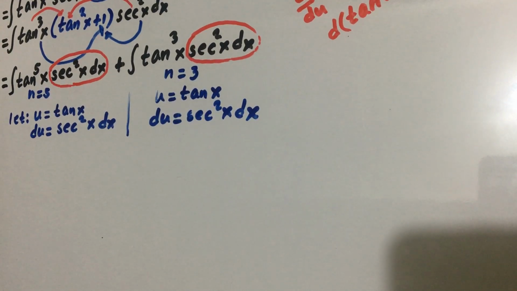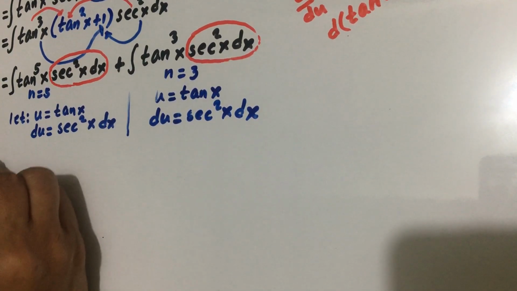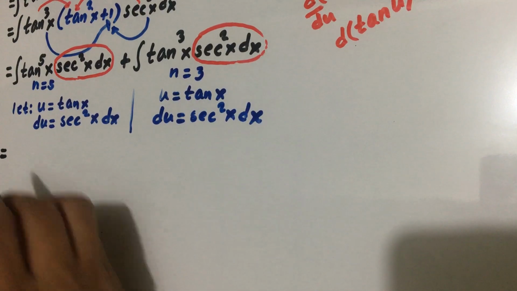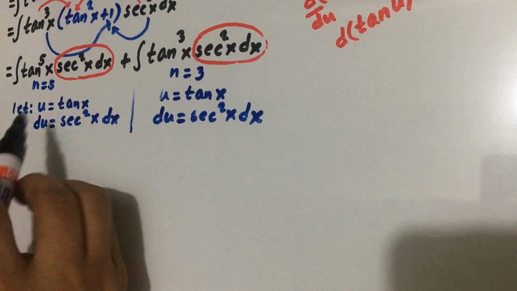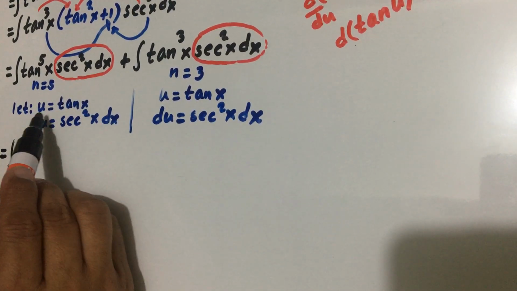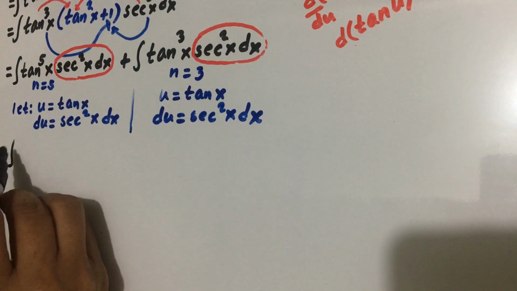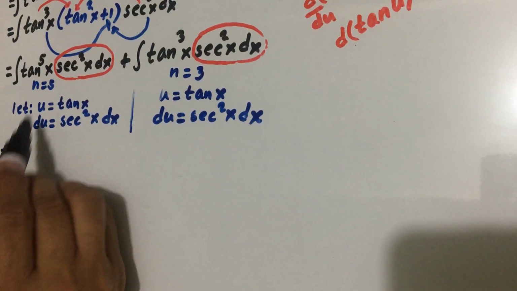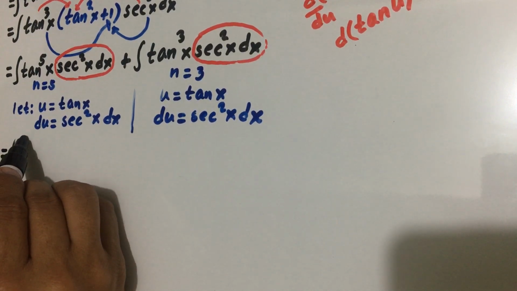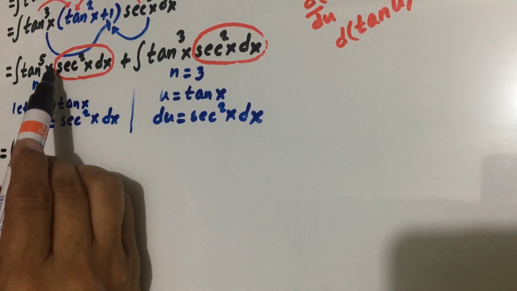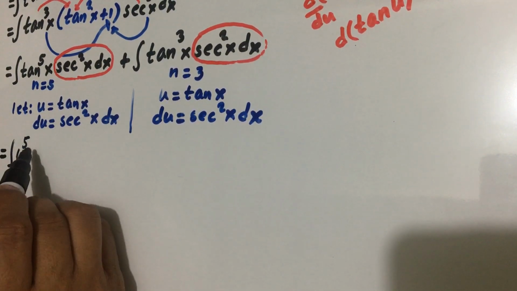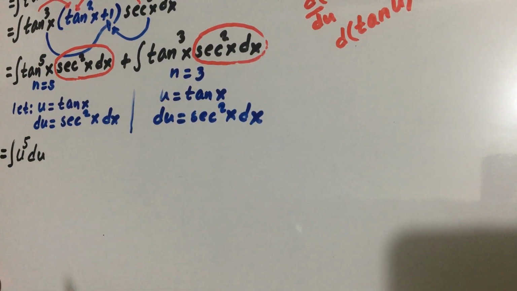To continue, substituting, the equation now becomes the integral of u to the n, which is equal to 5. Then the whole thing here, secant squared x dx, is our du, so multiply this by du.